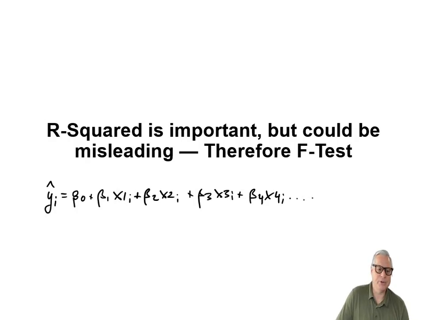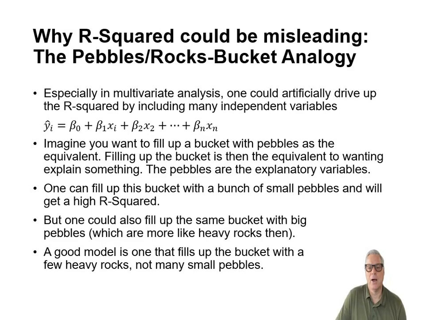So in other words, I can increase the R squared by simply adding many independent variables, but each independent variable is a little bit useless. Okay, so that's the basic idea.